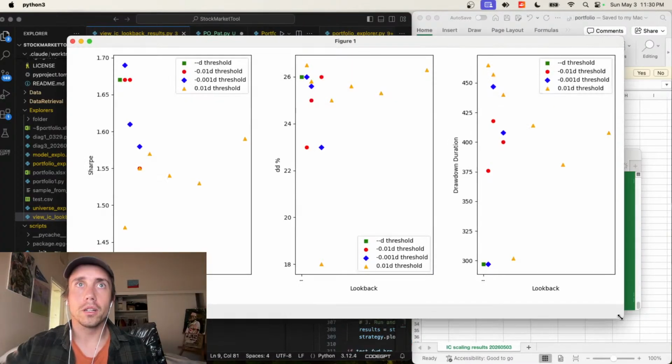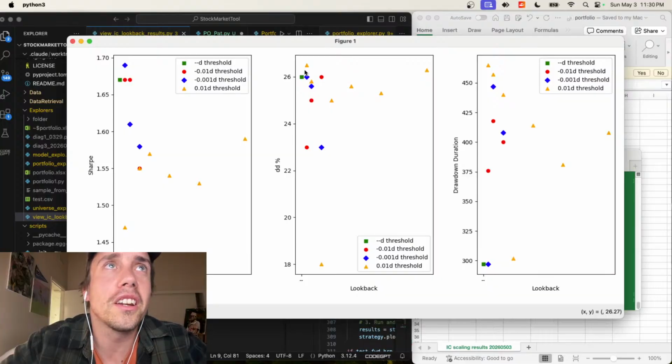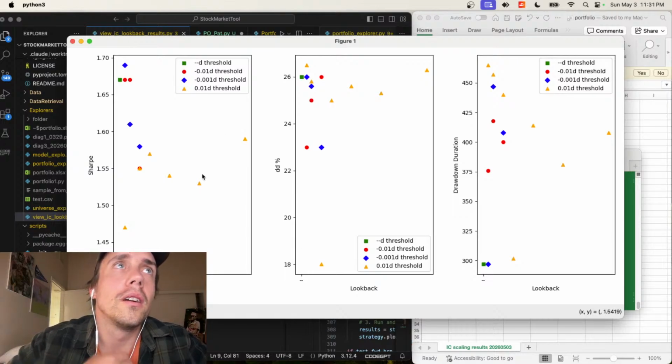We could definitely make this wider. So the drawdown, this is chaos. So this guy had the reliably lowest sharps.